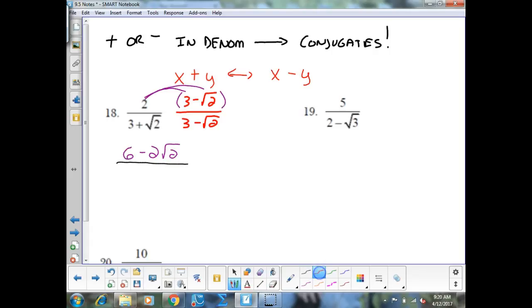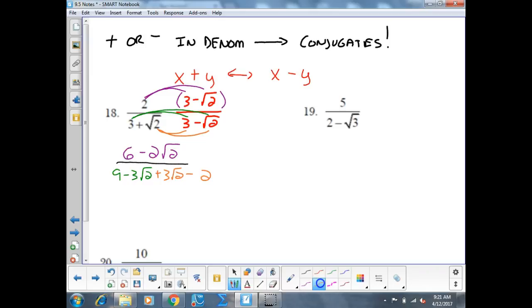The denominator becomes 3 times 3 is 9, minus 3 times the square root of 2, and then plus 3 square roots of 2 minus the square root of 2 times the square root of 2, which is just 2.